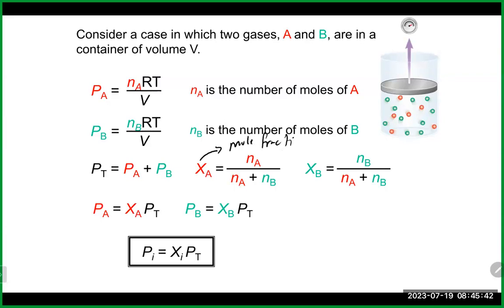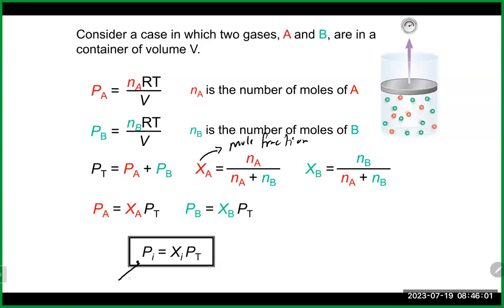So if we have enough information to figure out our mole fraction of all the gases that are present, and we know pretty much just one thing, we either know a partial pressure of one of the gases or we know the total pressure of everybody, we can basically figure out all the partial pressures of the other gases by using this equation down here.